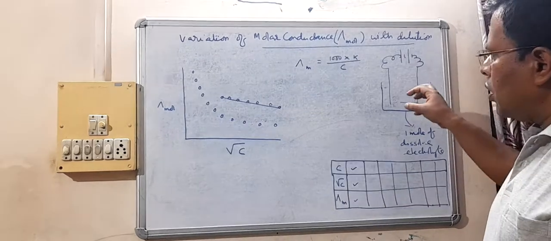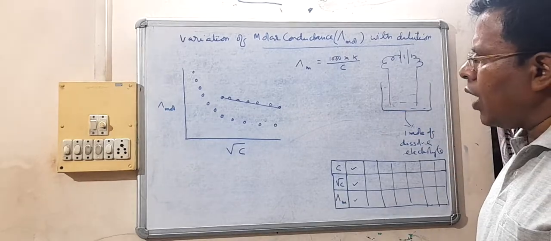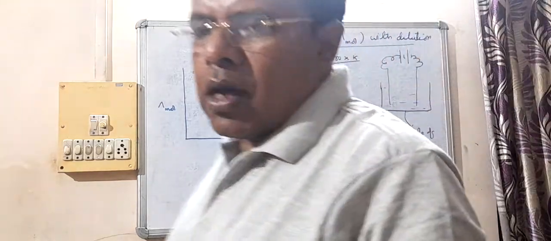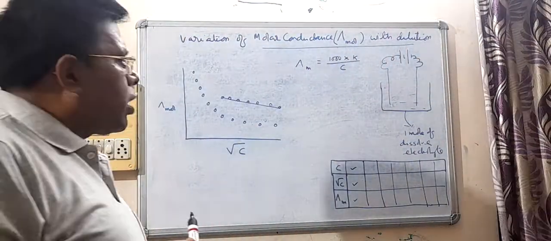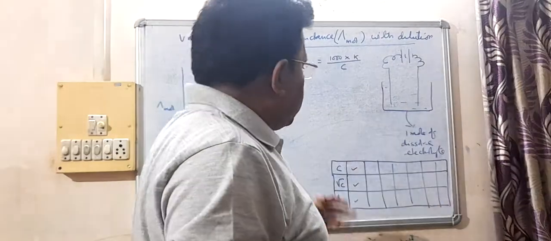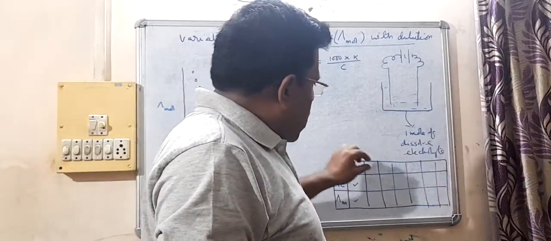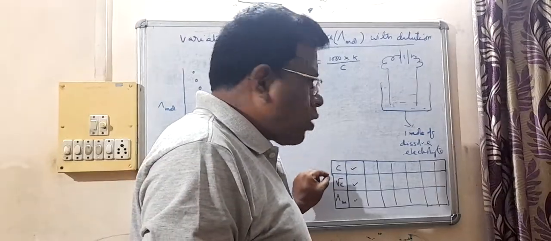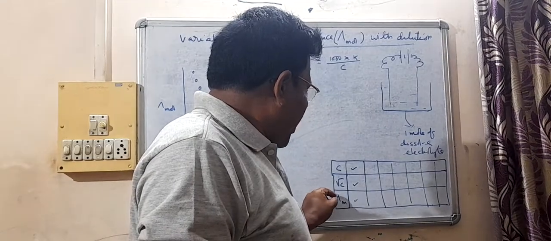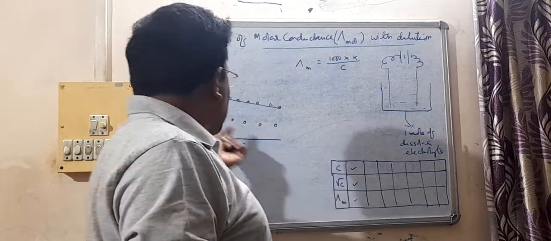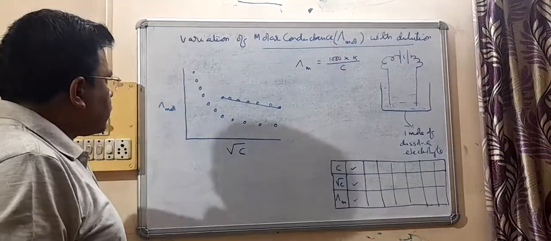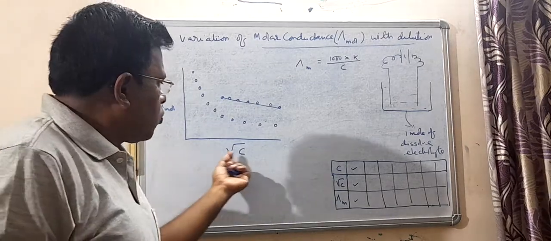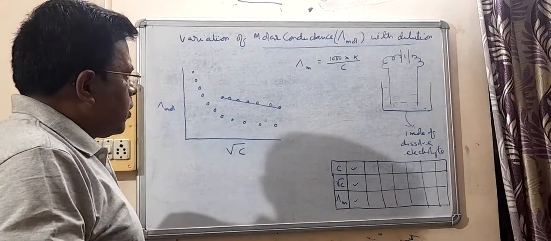Now there are also instruments by which we can directly get the value of molar conductance. So after getting the values of concentration or square root of concentration and molar conductance, we are going to plot these values. We are plotting molar conductance on the y-axis and square root of concentration on the x-axis.